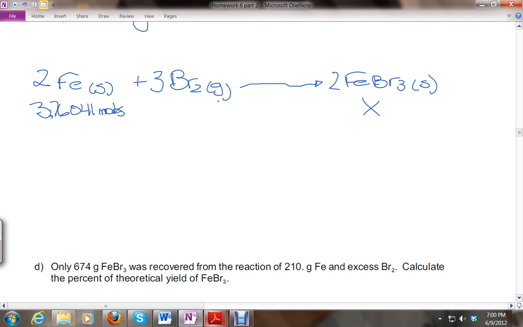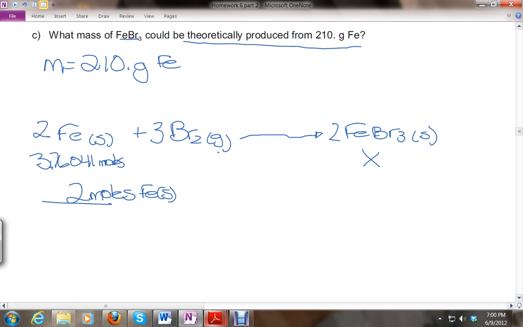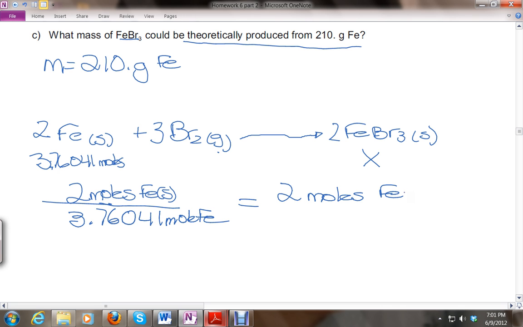So you have here 2 moles of FeBr3. Make your own flow chart like I was telling you, because we have to get to grams again. So 2 moles of iron 3 bromide on top, divided by 2 moles of iron. It doesn't matter the state.